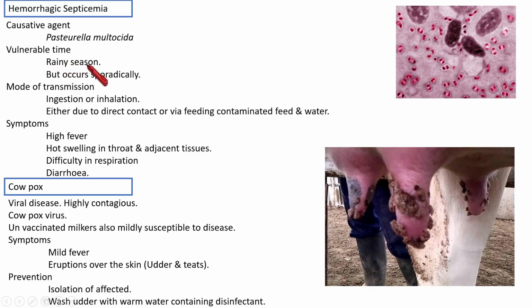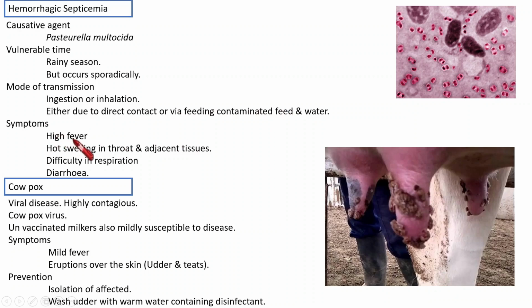Even though the most prevalent time is the rainy season, it occurs sporadically. Sporadically means occasionally; throughout the year that infection is present. That infection is a problem for the dairy animals. How does it transmit? Through ingestion, meaning through taking food, or inhalation, through breathing. And it can also be transmitted either by direct contact or through feeding contaminated feed and water.